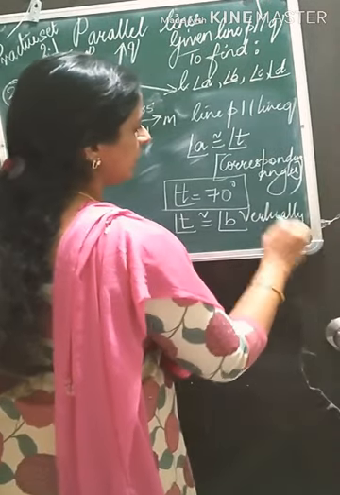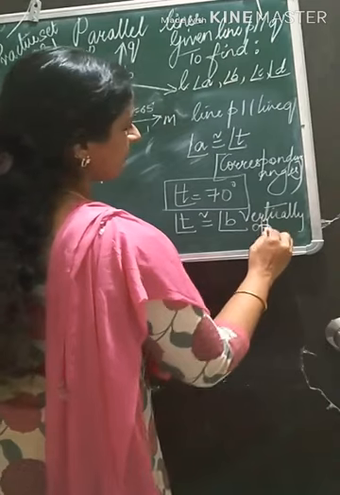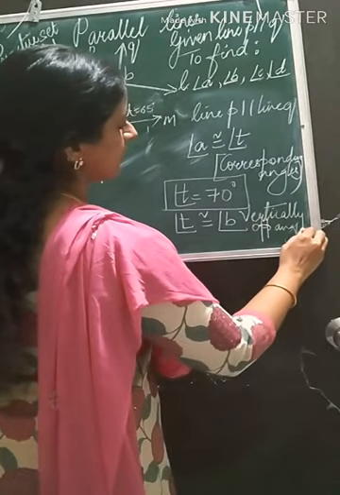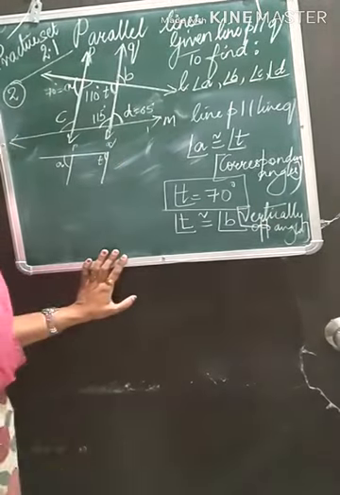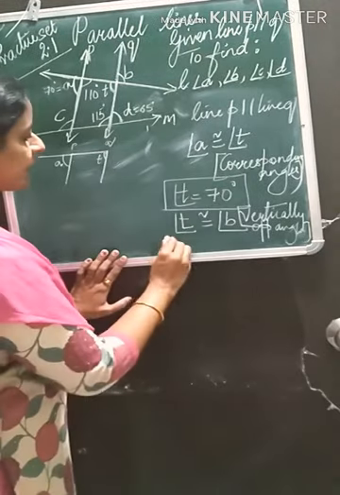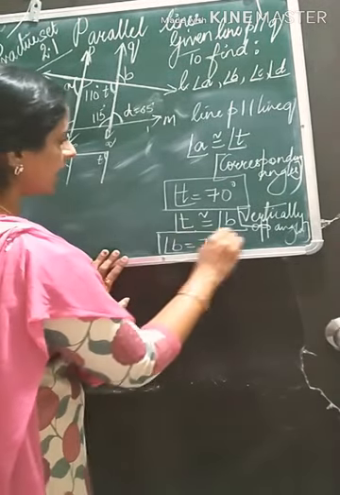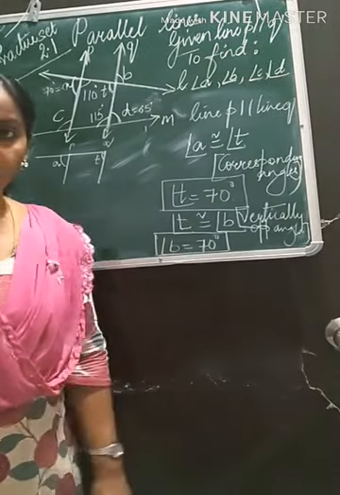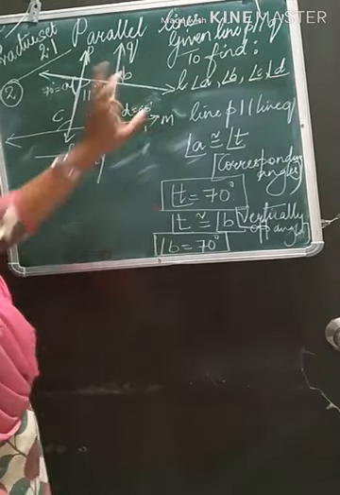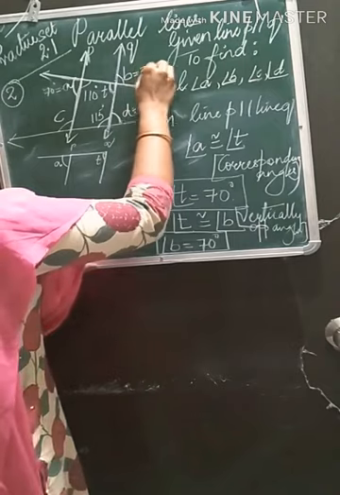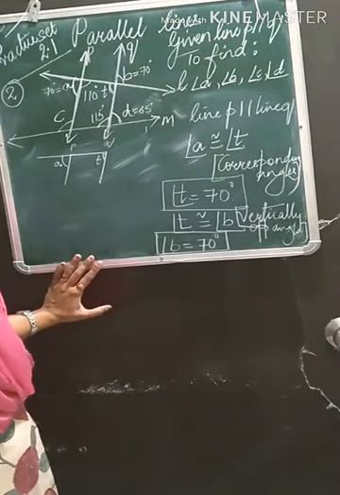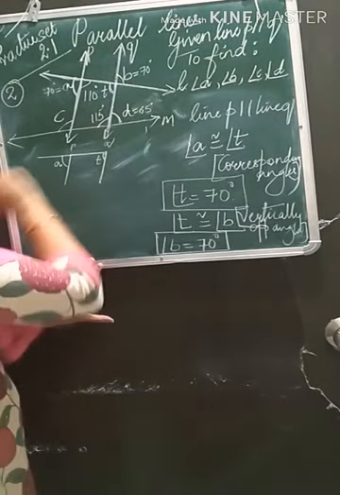Vertically opposite angles. Write the reason. Vertically opposite angle, angle T is 70. So angle B will also be 70 degree. Highlight it. Put it in a box. Be happy. So B also we got 70 degree. I'll mention it in the figure. A, B, D we got.